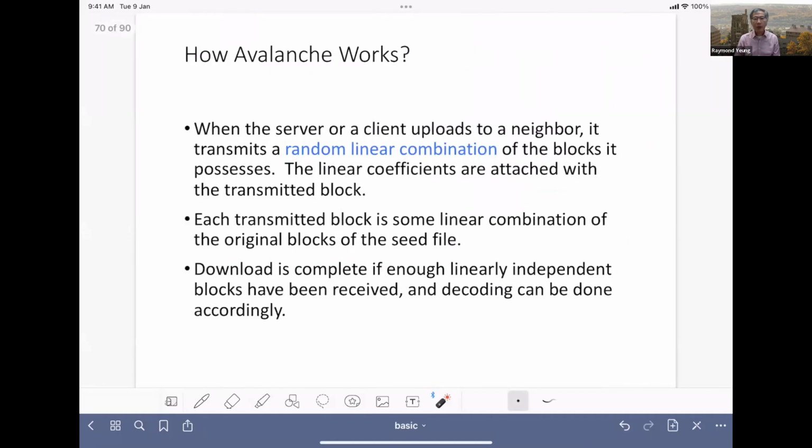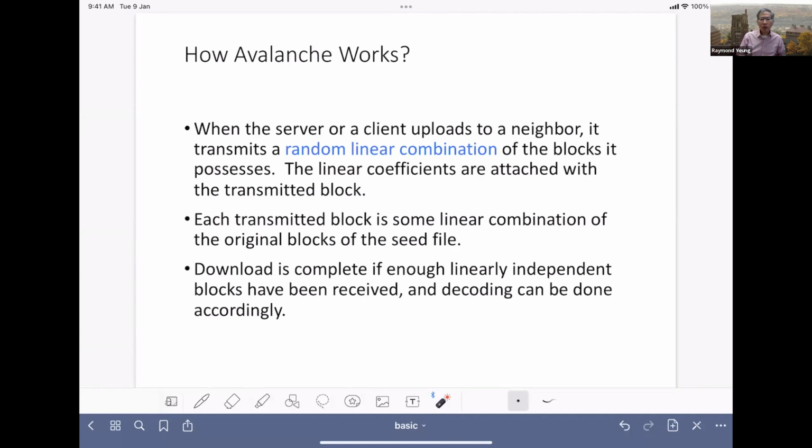So how does Avalanche work? When a server or client uploads to a neighbor in a P2P network, it transmits a random linear combination of the blocks it possesses. I have received a number of blocks from my neighbors, and when I upload to my neighbor, I take a random linear combination of whatever I have, instead of transmitting one of the blocks in my possession.